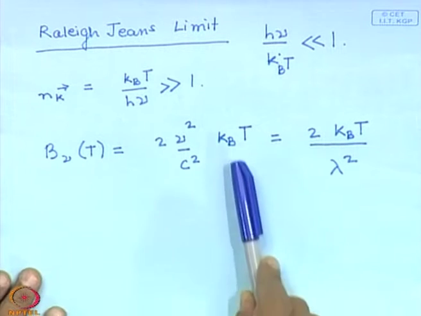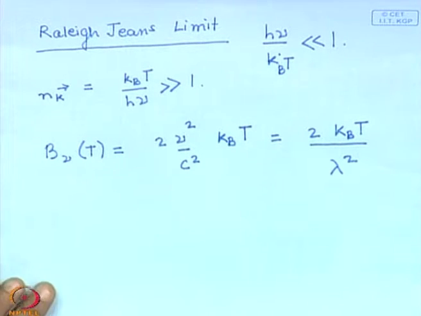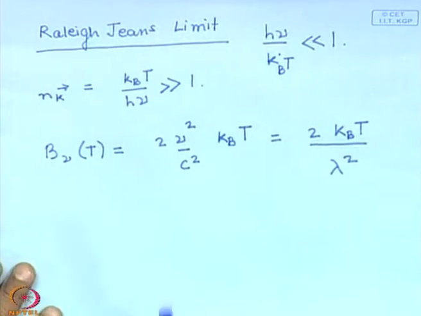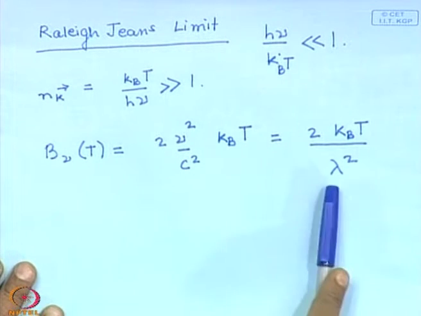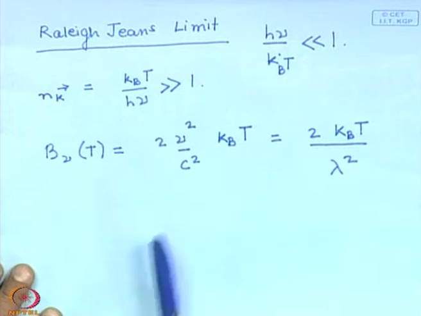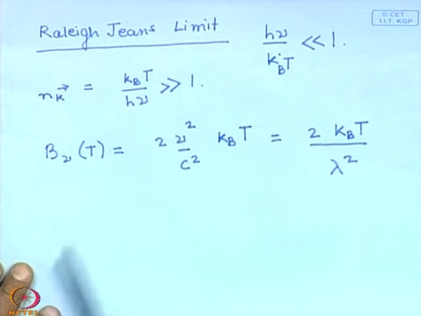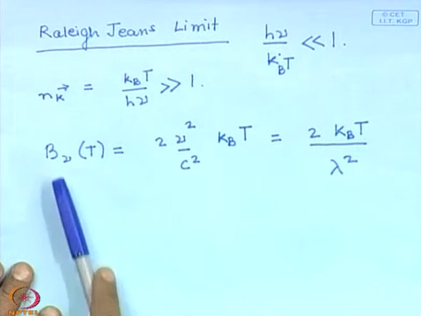If at a fixed temperature you look at the specific intensity, the amount of energy increases proportional to the square of the frequency, that is the first thing, or it goes down as 1 by lambda square. So, the higher the frequency, the more energy contained in this radiation.